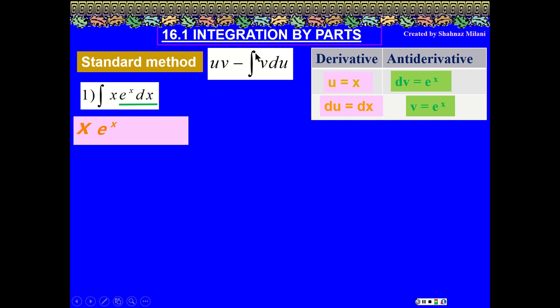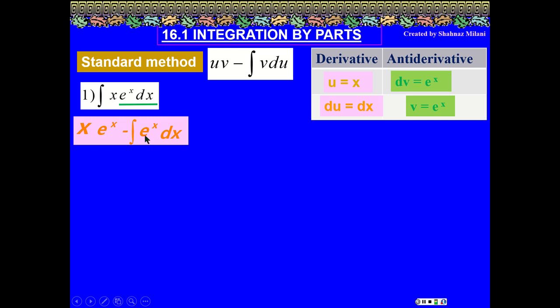Minus the antiderivative of v, which is e to the exponent x, du. du is dx. Now, look at it. My antiderivative part is so simple, I can get the antiderivative. This first part, carry it down as is.